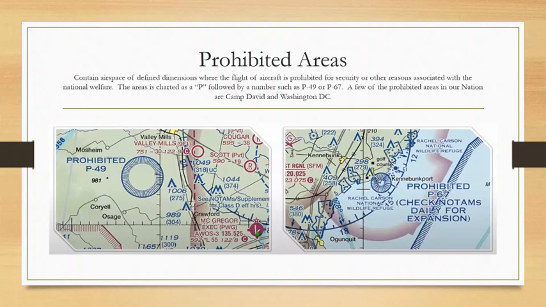You can see the section that calls prohibited in the bottom left hand corner with a P49, or if you look over in the bottom right hand corner, you can see a prohibited mark with a P67 mark. So some of those national areas that we look at are going to be, say, like Camp David or Washington, D.C., basically all of Washington, D.C.